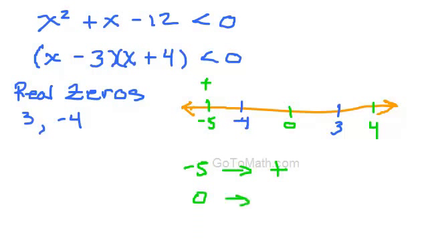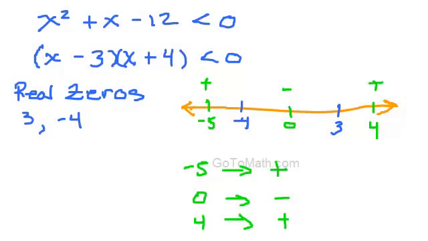Plug it in, you get a positive, 0 plus 4 is 4. A negative times a positive is going to be negative, and we need to write that above there. Let's do one more, 4. Plug in 4: 4 minus 3 is 1, and 4 plus 4 is 8. So we get a positive times a positive, and that is positive.